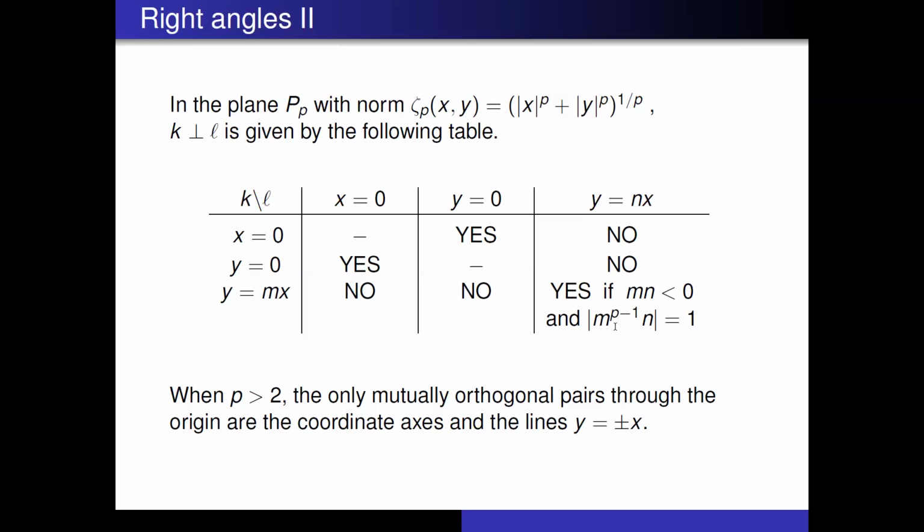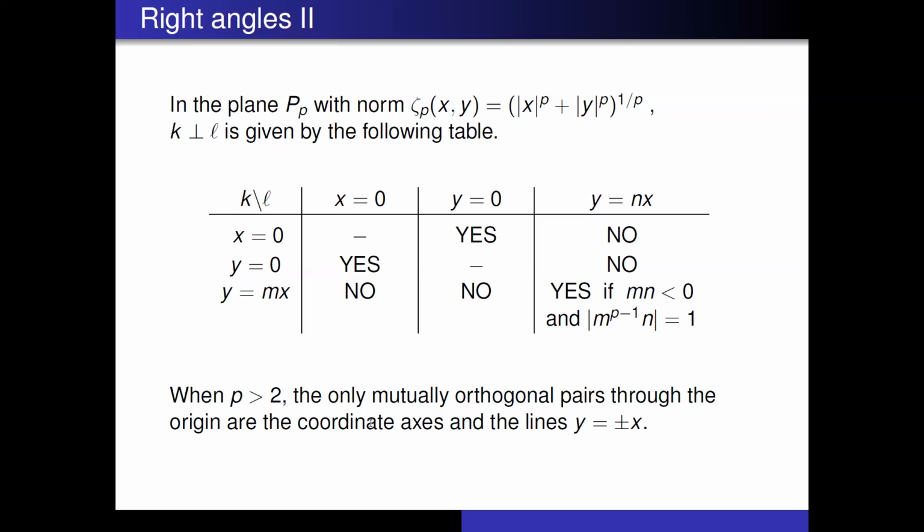If you take P not equal to 2, it's when m is negative, but m squared n is 1. That's not symmetric, right? And that's where it screws up. And of course, if P is anything except 2, it doesn't work.